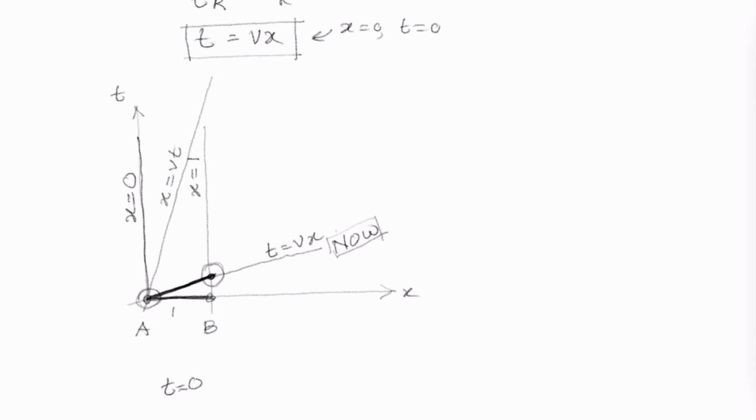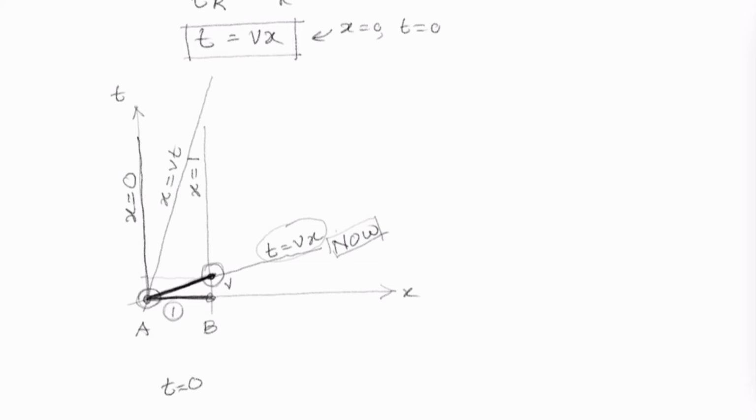The problem is how to calculate this distance. Well, you might think this is simple. This length is 1 and this is t equals vx, therefore this is v.